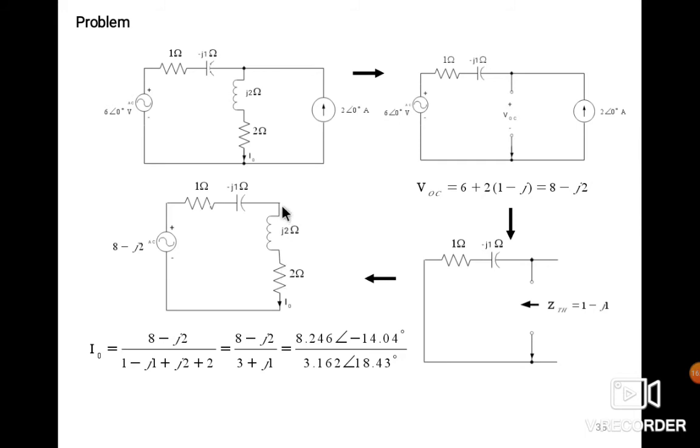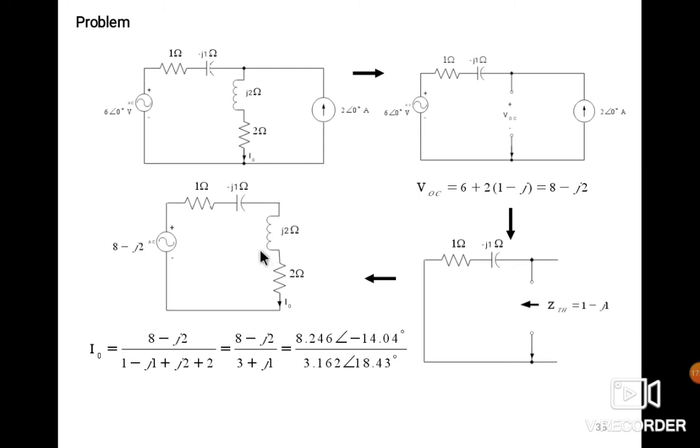So we have to find out this load current. How do you find the load current? This is the total VOC, and this is the ZTH impedance, connected in series, same as in the DC circuit, and connect the load which we omitted in the first step.